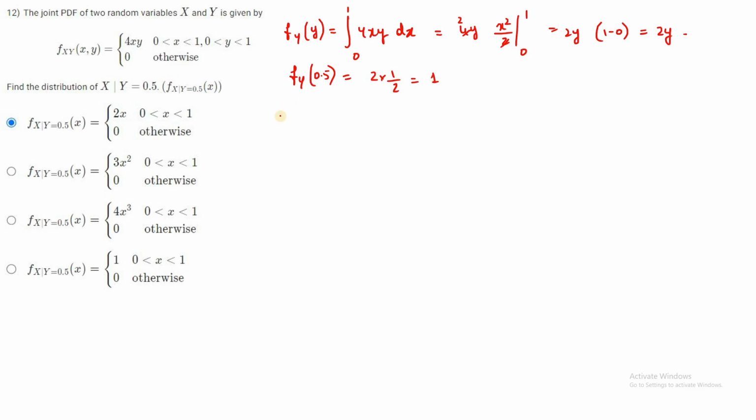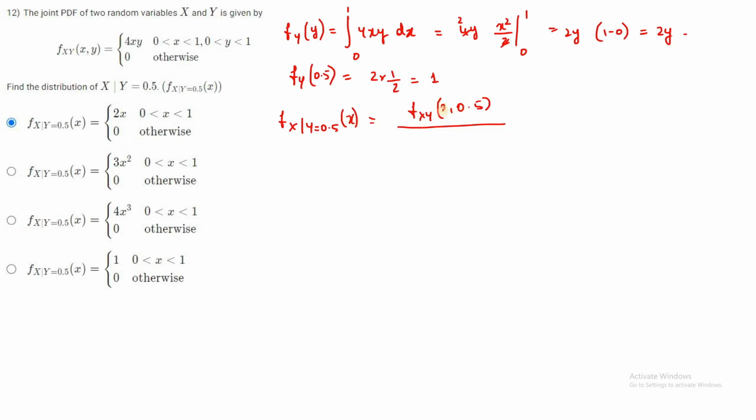Okay, now fx given y is equal to 0.5 of x, which is nothing but fxy of x comma 0.5 whole divided by fy of 0.5. Sorry, this is not 2, this is x.